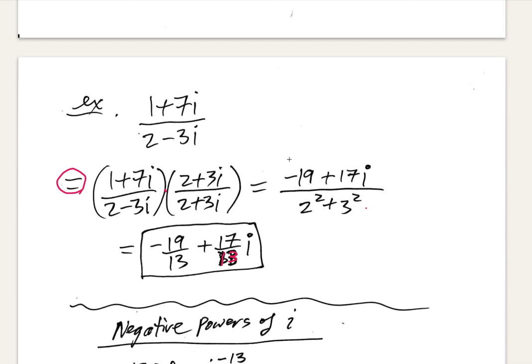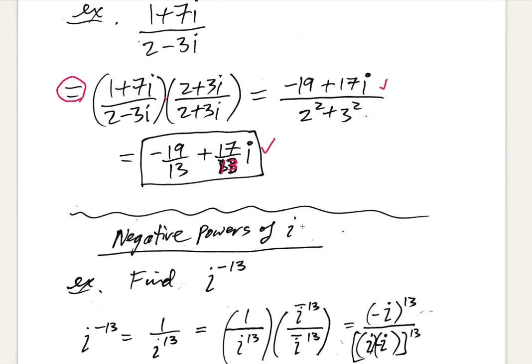Okay, I actually FOILed out the numerator, multiplied it out, and I think I got it right. I think I got negative 19 plus 17i, and I'm dividing that by 2 squared plus 3 squared, which is 13. Okay, so I've got negative 19 thirteenths plus 17 thirteenths i for my final answer.